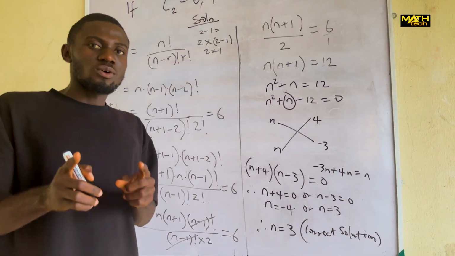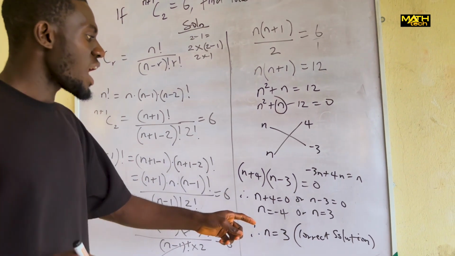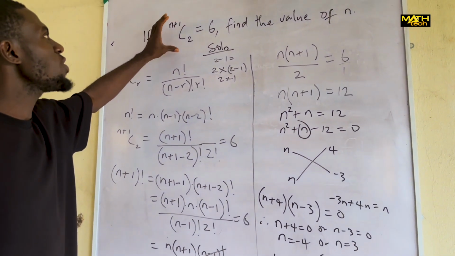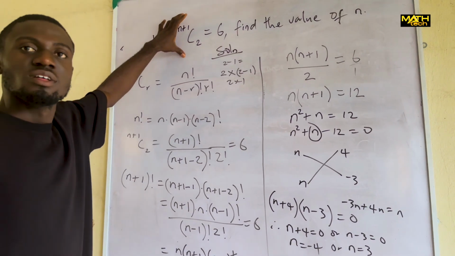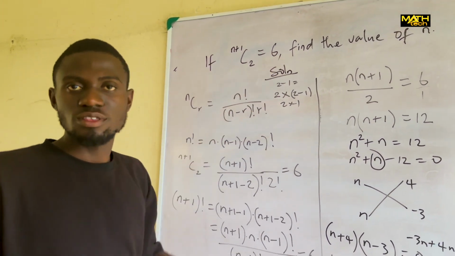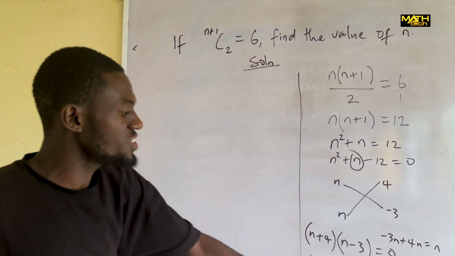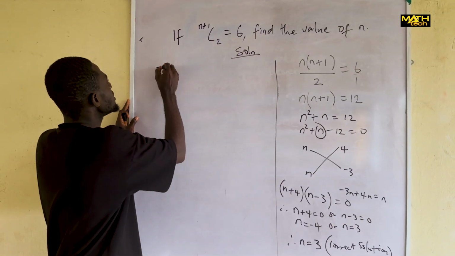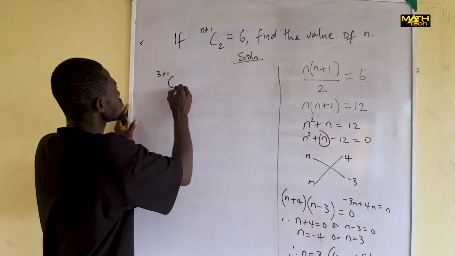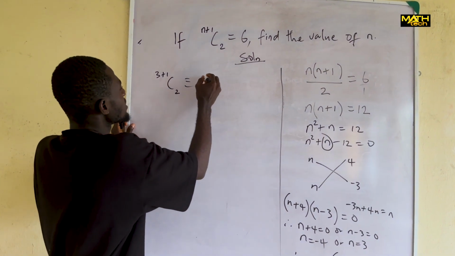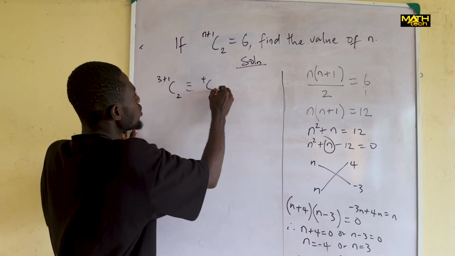Now, one last thing before we go to the next step. I would like to substitute n here and see if we solve this combination, will it result to the value 6? So now we'll be substituting the value of n, which is 3, the correct solution here. And here we'll be having 3 plus 1 combination 2. So 3 plus 1 combination 2 is the same as 4 combination 2.